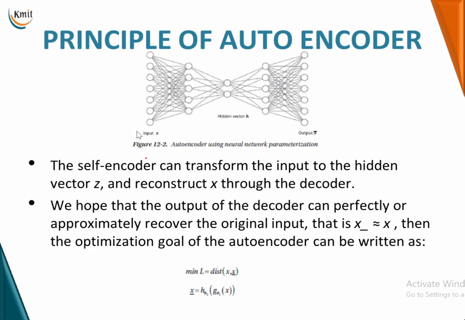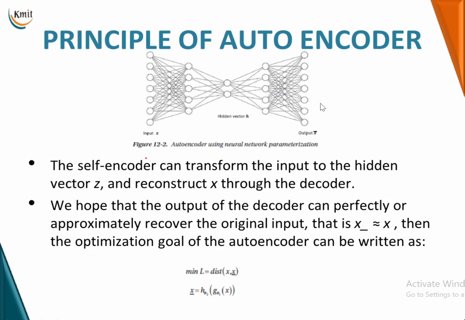Now you can see here one more representation of an autoencoder. You are using input, and you are reducing the dimensionality. This part is encoding, and then you are creating a hidden vector here. Your dimensionality is reduced to a certain extent. This is then taken as an input to the decoder, and it gives you a reconstructed output x bar.